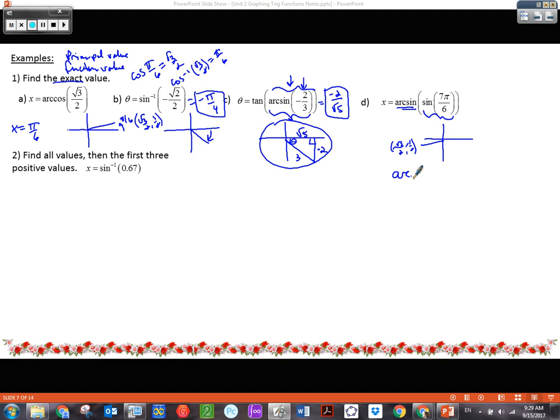So now we are replacing this with negative 1/2. Sine of 7 pi over 6 is negative 1/2. I didn't have to draw a triangle here because it's a unit circle value. If you wanted to draw a triangle, you could, but it's a unit circle value, so I'm just using the unit circle's values. I'm not doing a triangle.